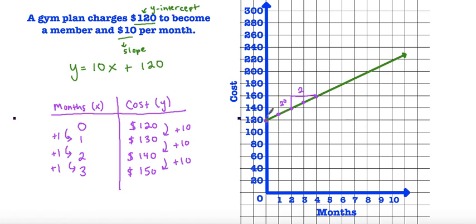And our y-intercept is here. And our y-intercept is at 0, 120, because at 0 months, the cost of this gym plan is $120, okay?